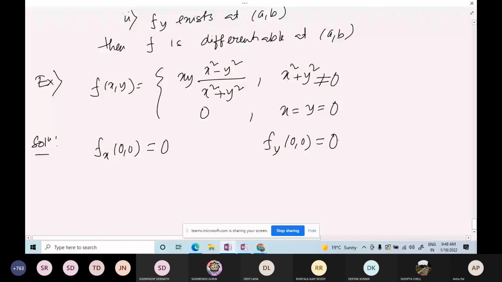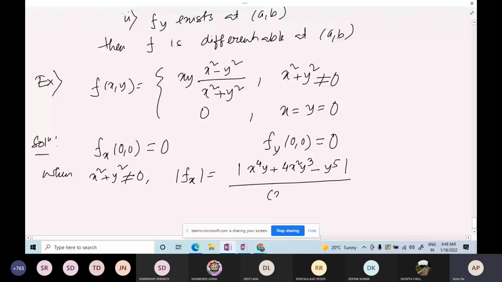Now when x² + y² ≠ 0, we can write this as (x⁴y + 4x²y³ − y⁵) divided by (x² + y²), which will be less than 6 into (x² + y²)^(5/2) divided by (x² + y²)².